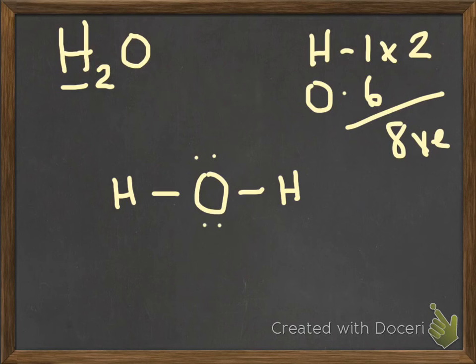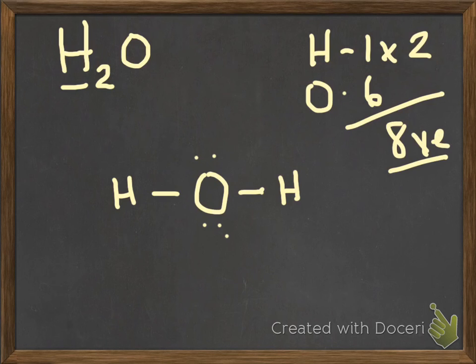So oxygen needs 8 valence electrons in order to be stable. Remember, hydrogen only needs 2, so we're not going to add any electrons to those hydrogens. All right, so now let's count. We have 2, 4, 6, 8. 8 electrons in our picture. That's what we were able to use, so this is a good Lewis dot structure.